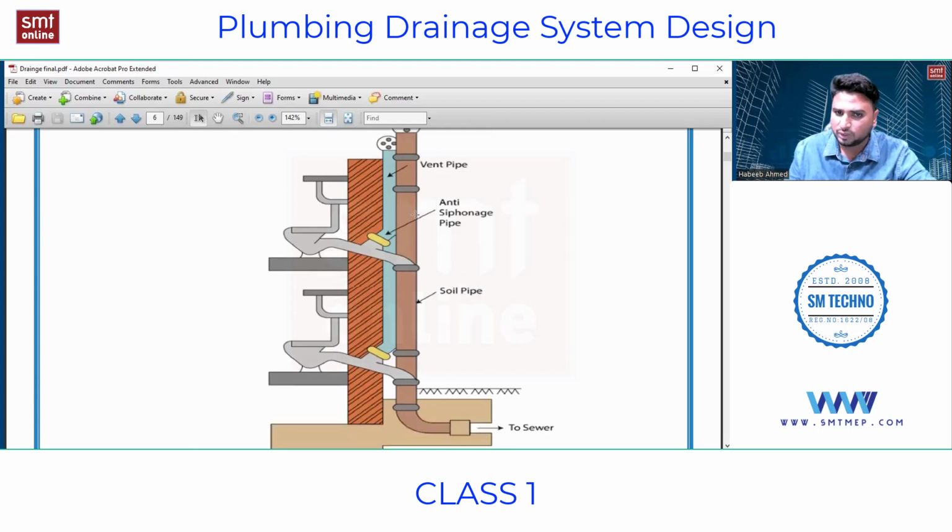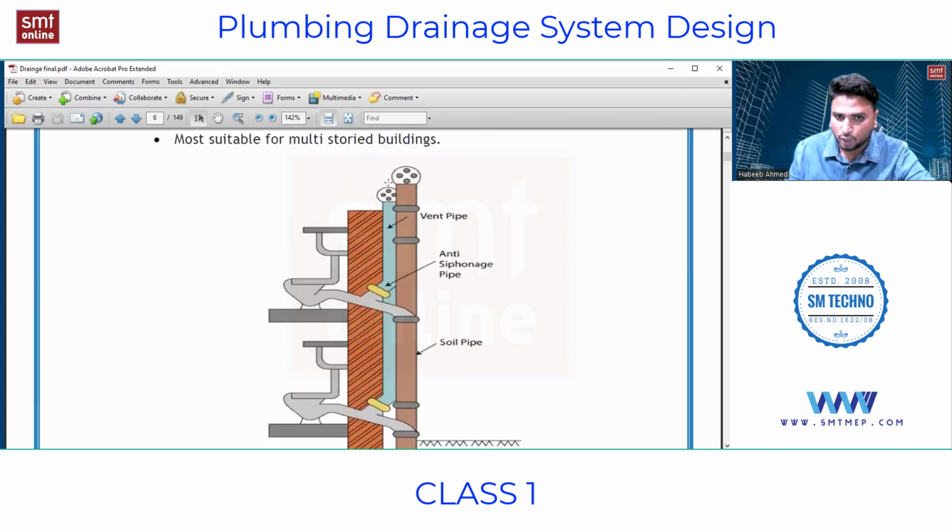So what happens when the water comes down with some velocity? When negative pressure starts, it draws some amount of water like this, and it allows fresh air from the atmosphere, and that air will be moving like this into this. So what is happening? The seal of this WC is being saved.